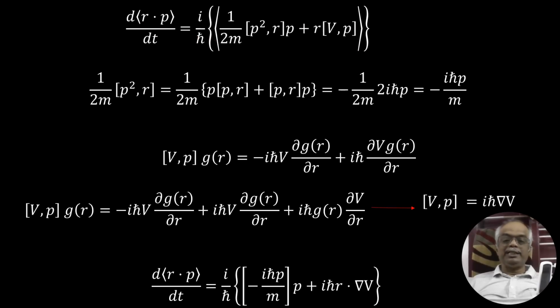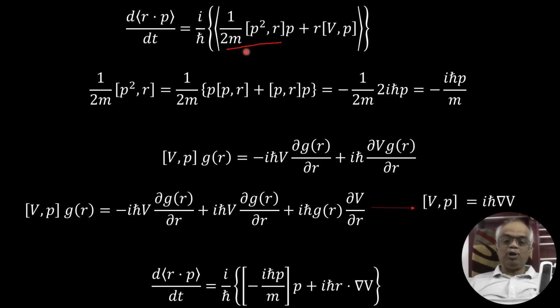So we have seen the time derivative of the expectation value of R dot P is equal to this one. Now you take the first commutator relation, that is 1 over 2m times the commutator of P squared with R. Of course, we have P outside as a multiplication factor that we will take care of at the end.